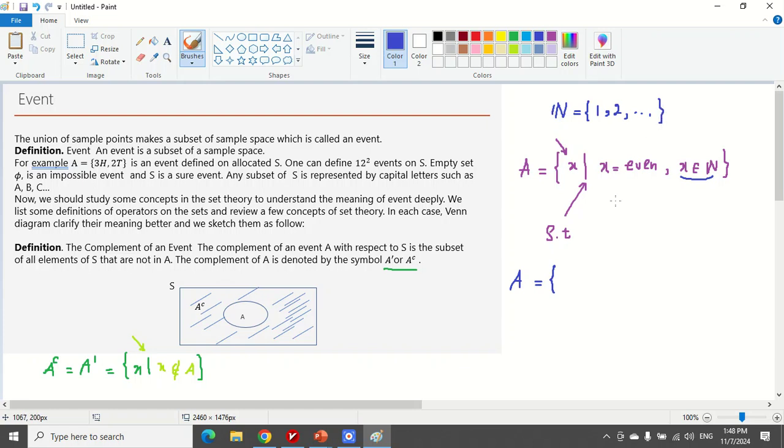So if x is even and x belongs to N, that set A is equal to 2, the first even number, then 4, then 6, and so on. For this so on, I just write a comma over here and put 3 dots, means that this manner continues, and I just close the bracket. Instead of writing the elements of A as 2, 4, 6, 8, 10, and so on, all the natural even numbers, I just use the notation that you can see at the top. So this is another way to determine a set.